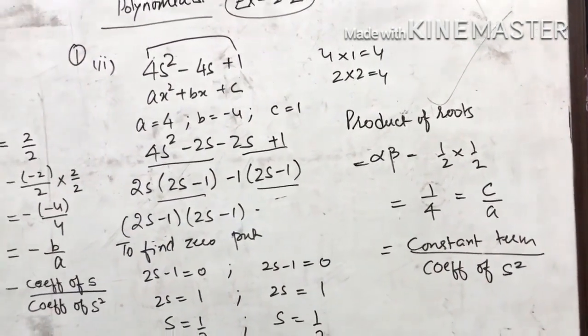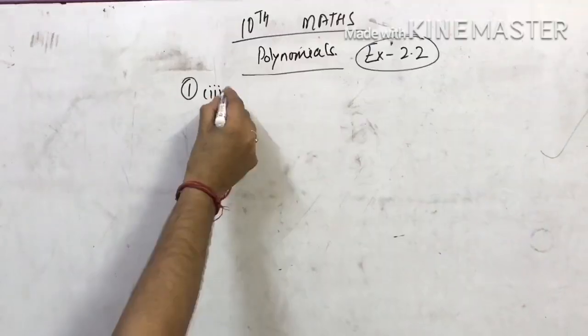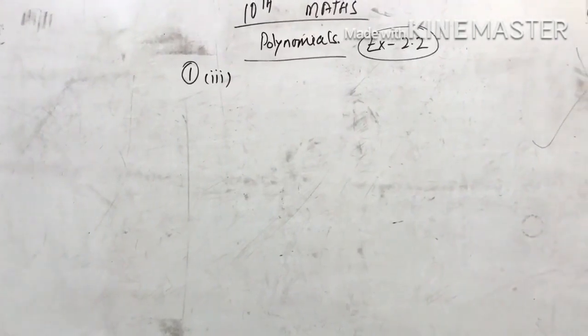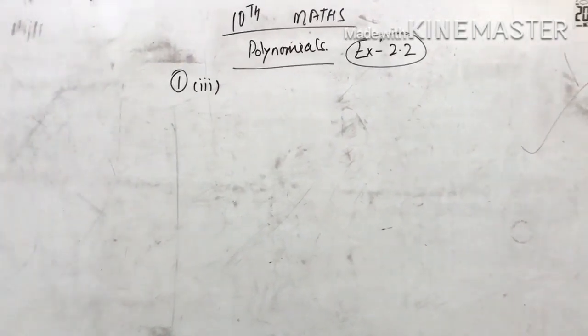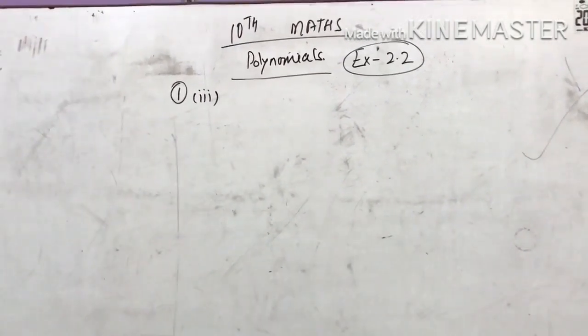So again the second relationship we also proved it. So this is your second part. You have to find the zeros of the quadratic polynomial, as well as you have to prove the relationship between the zeros and the coefficients.